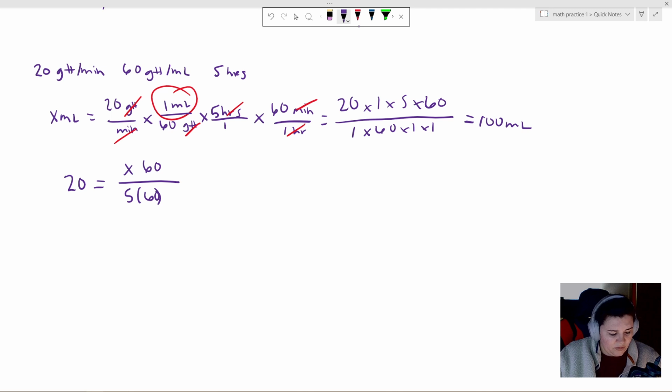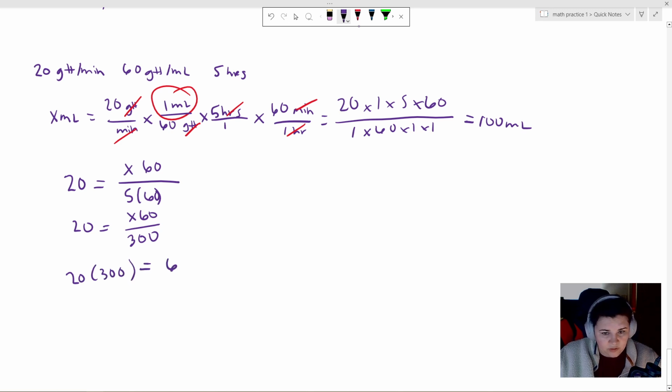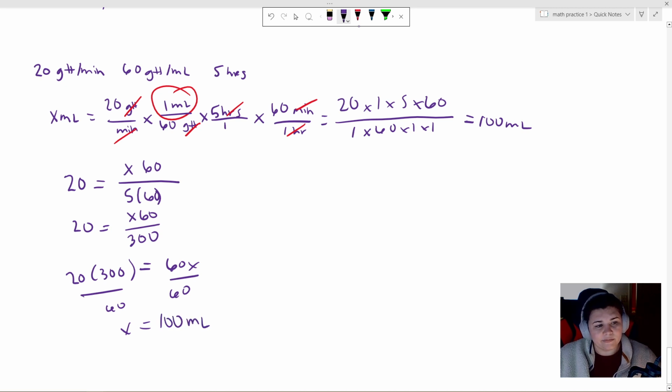So what you end up with is 20 is equal to 60x over 300. Do a little cross multiplication action. End up with 20 times 300, which is equal to 60x. Then you divide both sides by 60. X gives you 100 milliliters. So that's it.